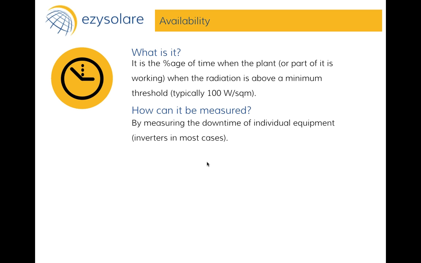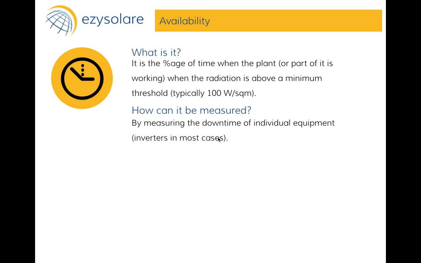It's pretty simple to measure. You just measure the downtime of individual equipment, which typically gets recorded in case you have a SCADA system on site, which measures the uptime of an inverter or uptime of a transformer. The typical threshold which is kept in mind while calculating the number of hours that theoretically you were supposed to be working, or all your equipments were supposed to be working, is 100 watt per square meter.